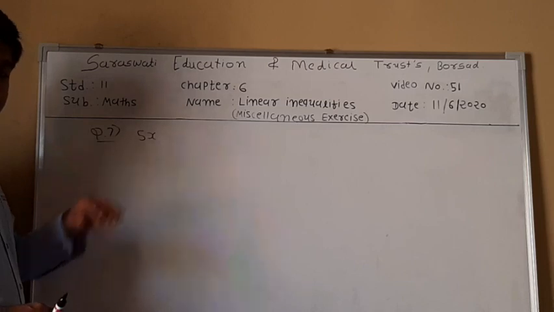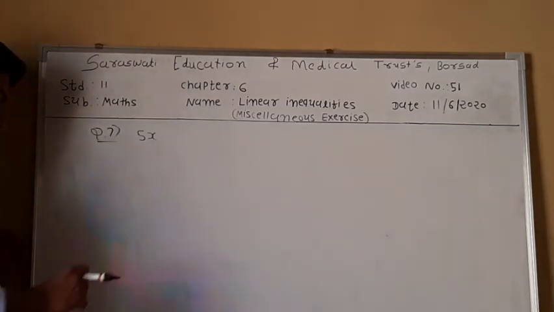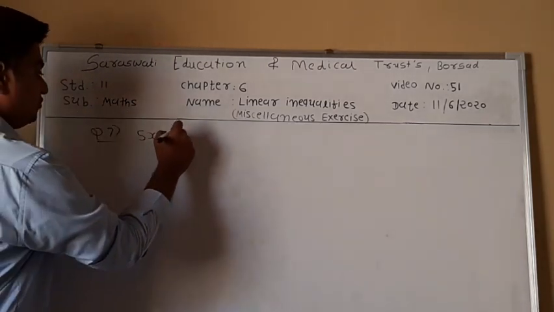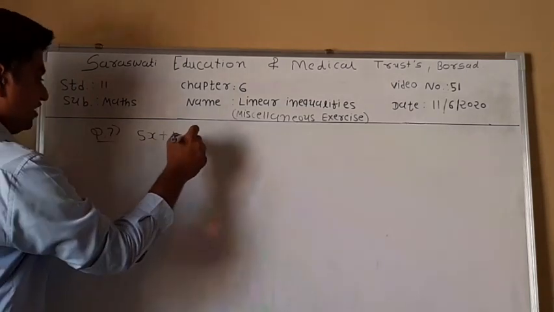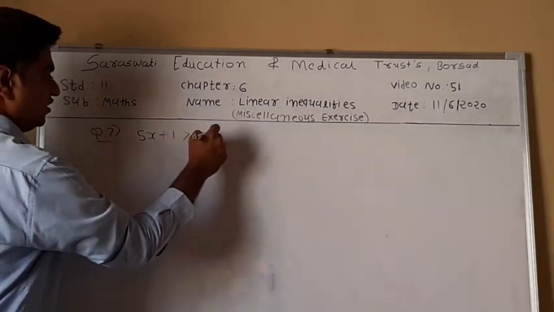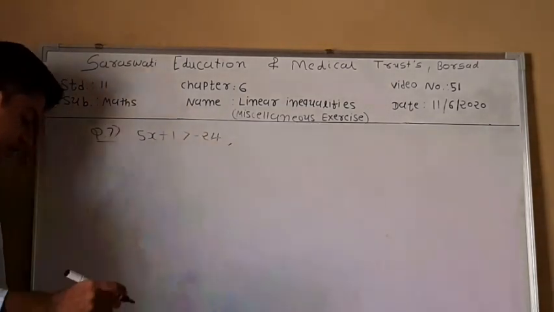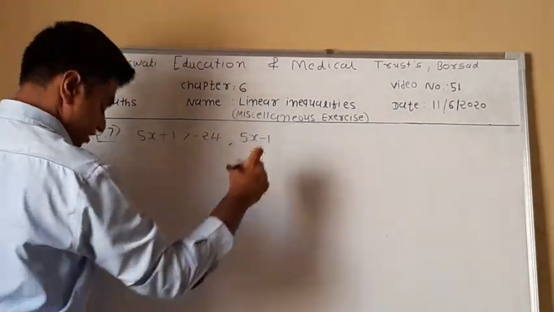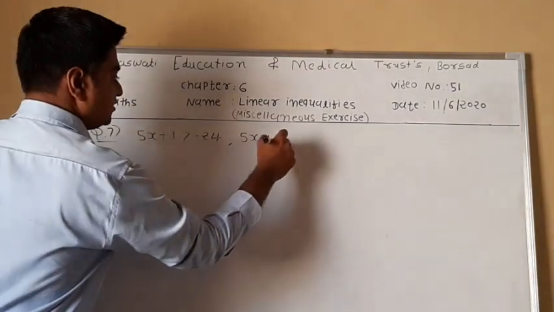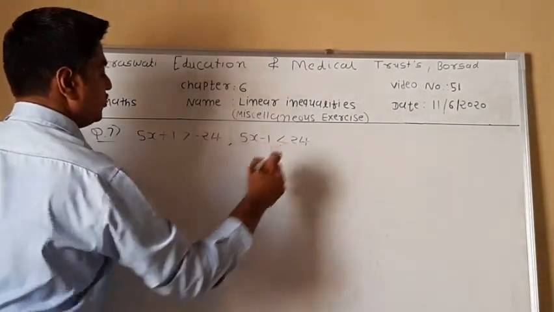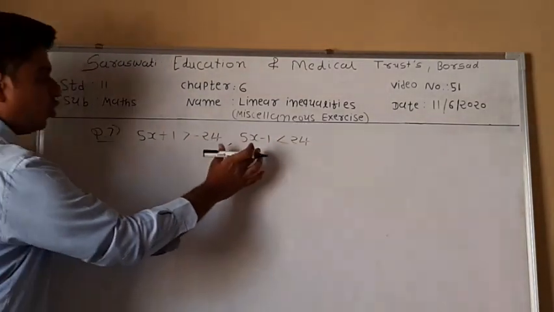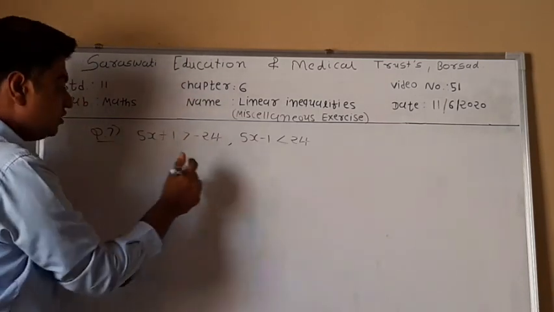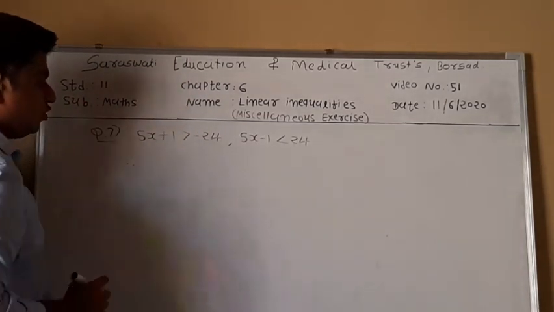So for question number 7, the inequalities given are 5x plus 1 greater than minus 24, and 5x minus 1 less than 24. First solve both of these and find the value of x.